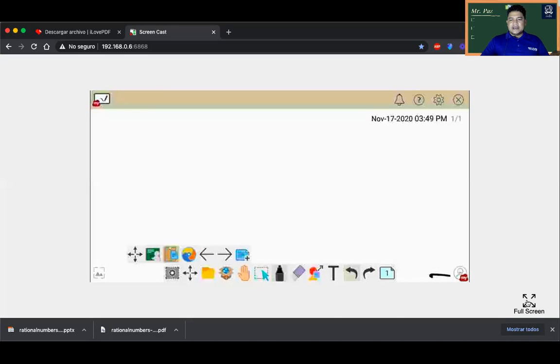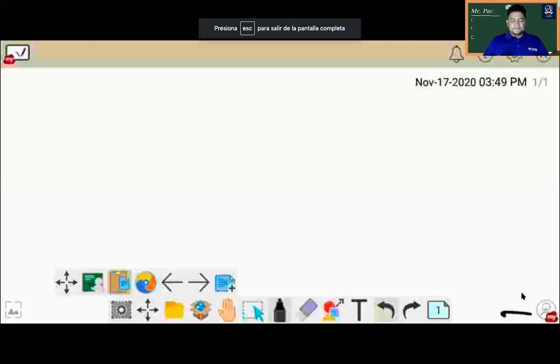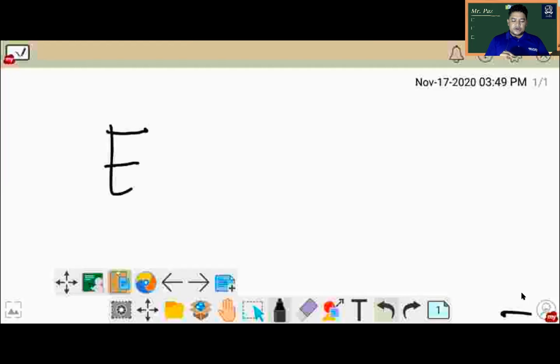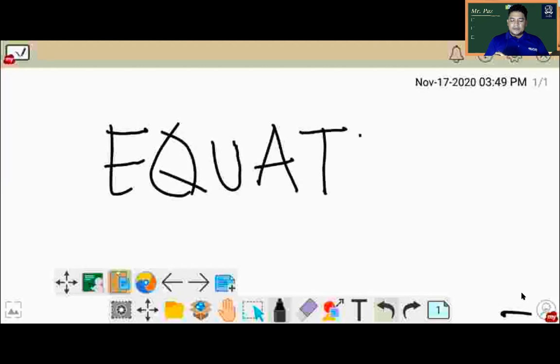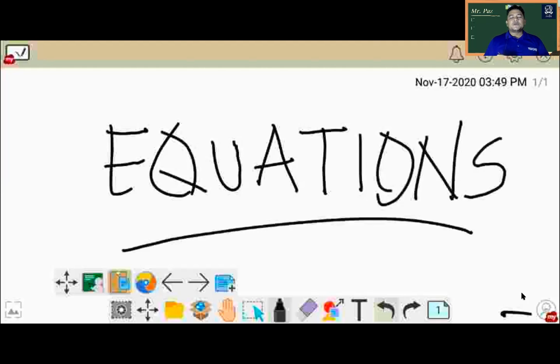Last time we were working with equations, and there are some activities that we need to keep working on. We need to understand that there are some rules we need to follow, right? There are some rules that we need to always keep in mind when we are doing the equations.